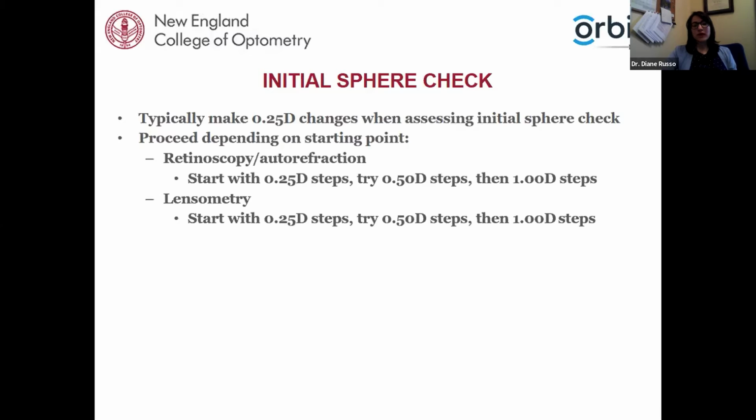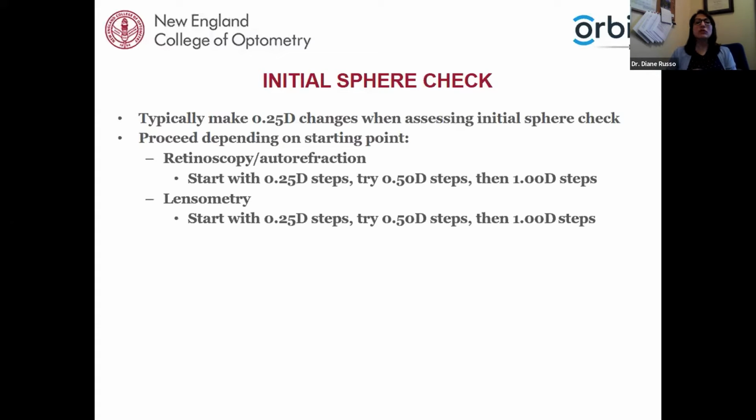Again, this is all based on what the patient's acuity is and what you think it's going to improve to. If the patient's entering acuity, based on whatever starting point you're using, is more reduced, then you may want to use larger dioptric steps. If it's 20/30, then you probably want to use quarter diopter steps.